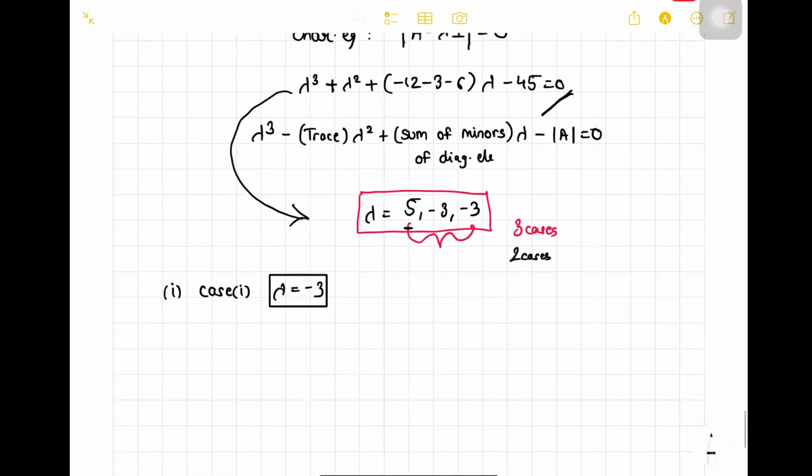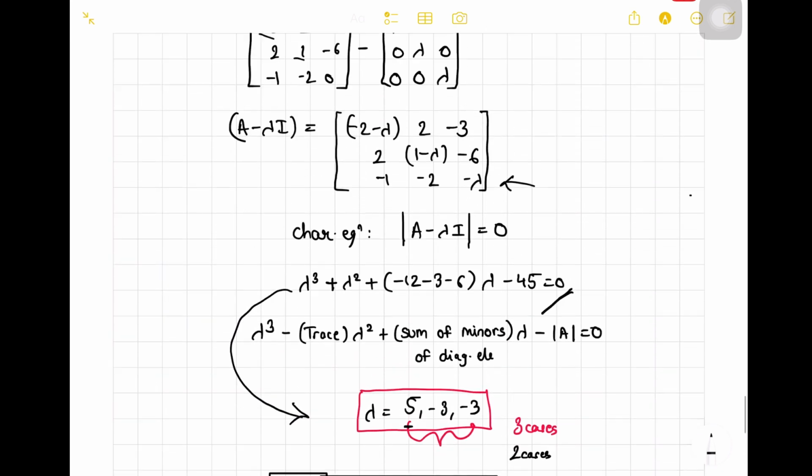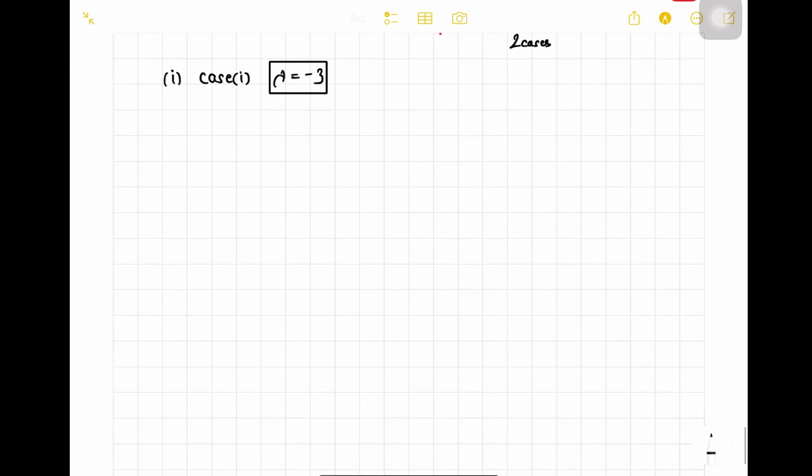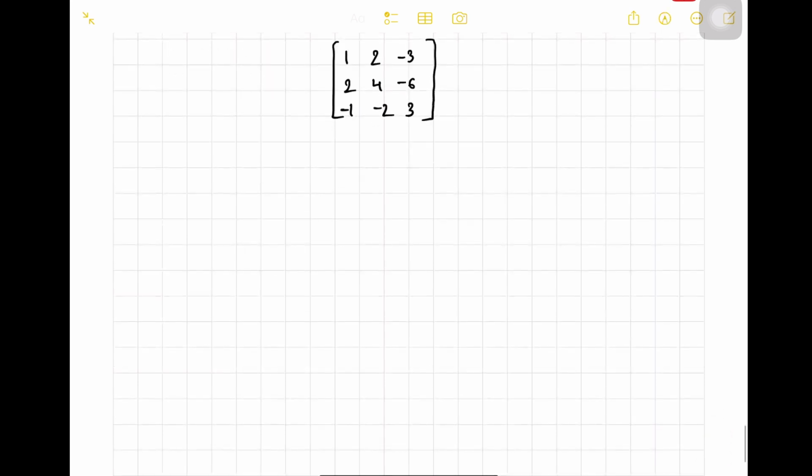So we will just substitute this lambda in our characteristic equation, that is this one. So by putting lambda we get the following matrix: 1 2 minus 3, 2 4 minus 6, minus 1 minus 2 3. And so we write the equation as (A minus lambda I) times x is equal to 0.